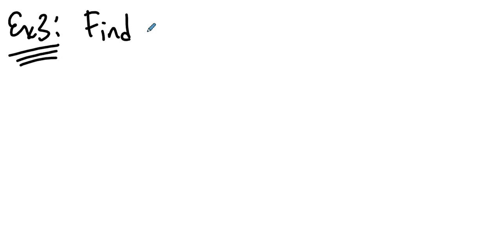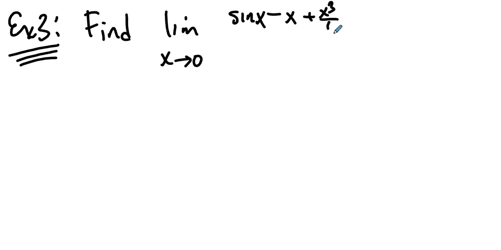One more, and I know that I am breaking my unwritten rule of holding them to 10 minutes, but it's not enough to go 20 with a second video. Find the limit as x approaches 0 of sine x minus x plus x cubed over 6, divided by x to the 5th.